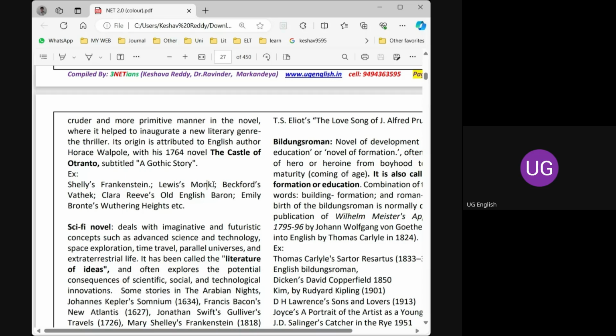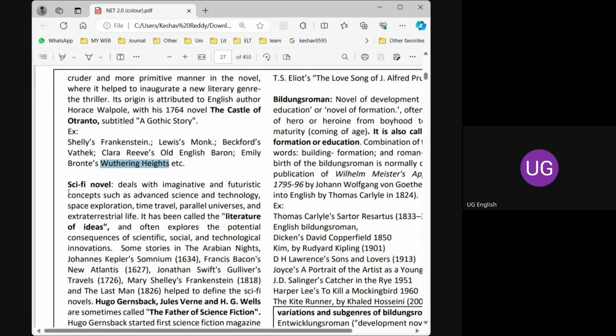Very important Gothic novel. And Beckford's Vathek, very important. Clara Reeve's The Old English Baron is also one of the important Gothic novels. And Emily Bronte's Wuthering Heights is also one. The Bronte sisters are Anne Bronte, Charlotte Bronte, and Emily Bronte. The third Bronte sister, Emily, wrote Wuthering Heights. It is also a Gothic novel.